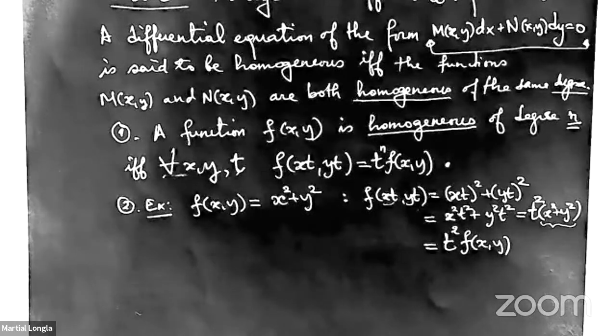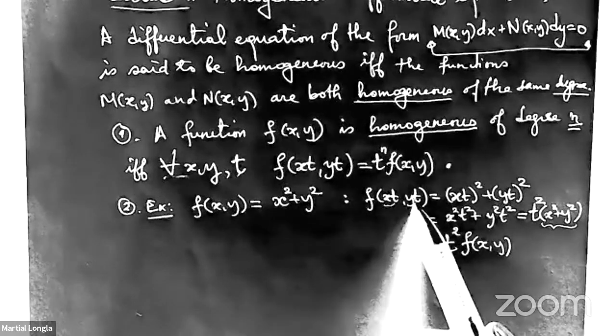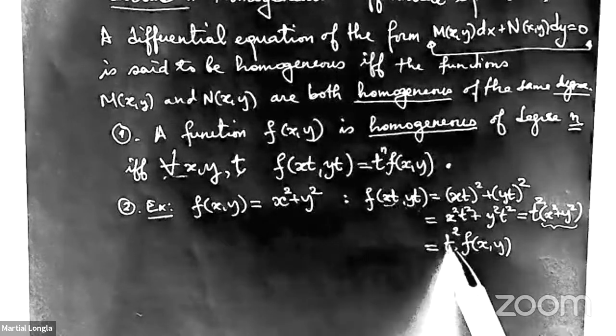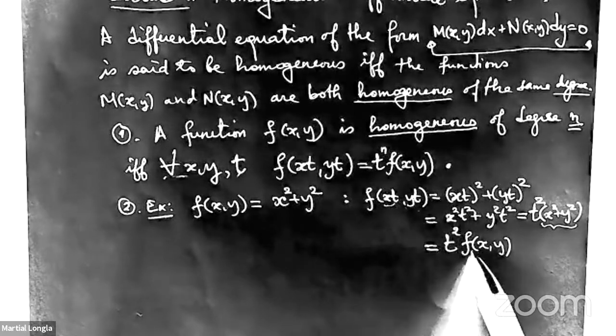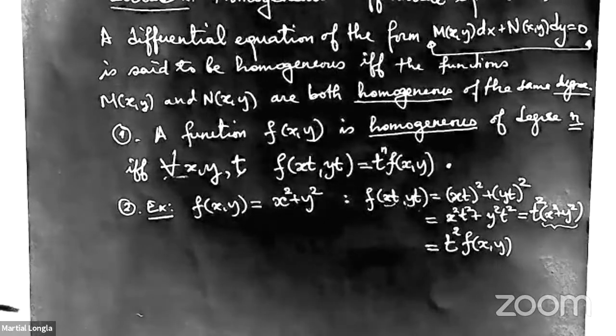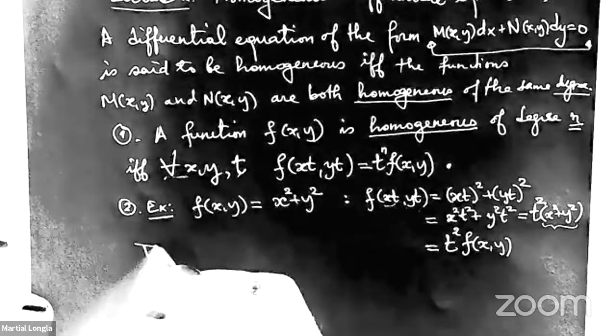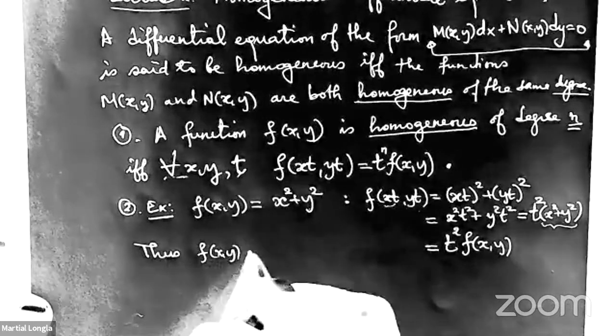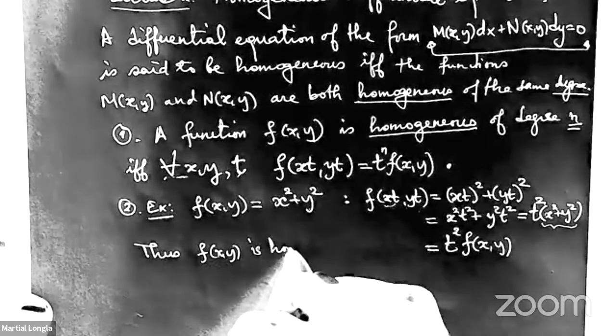So by definition, for any x, y, and t, we get that f(xt, yt) is equal to t² times f(x,y). This means that f(x,y) is homogeneous.